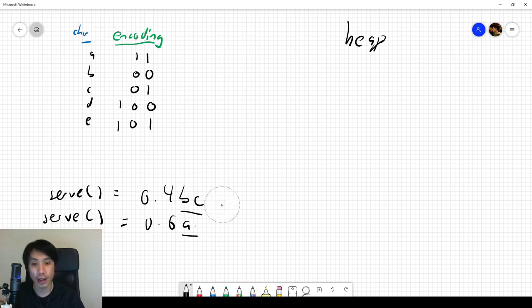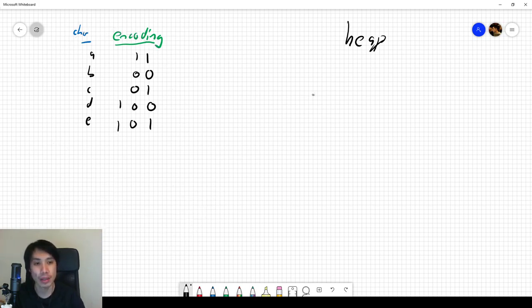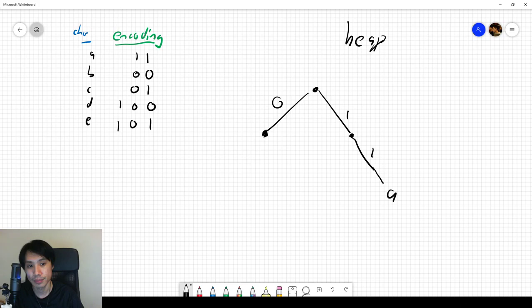So if I were to build the tree, this is what you're going to see. A will be 1, 1. B will be 0, 0. C will be 0, 1.